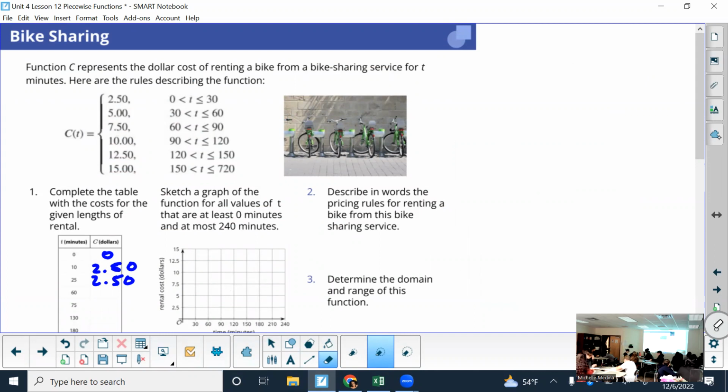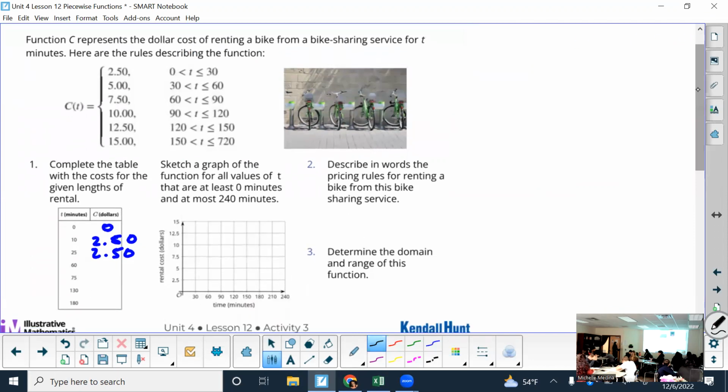So how much does it cost for 0 minutes according to these rules? $0. 10 minutes? $2.50, because 10 falls between what two numbers here? 0 and 30.